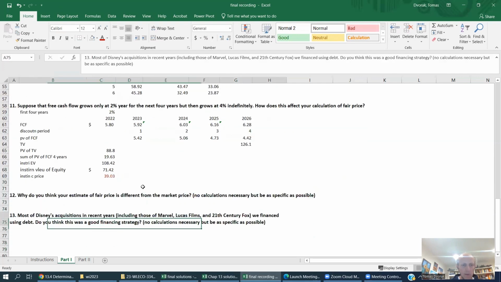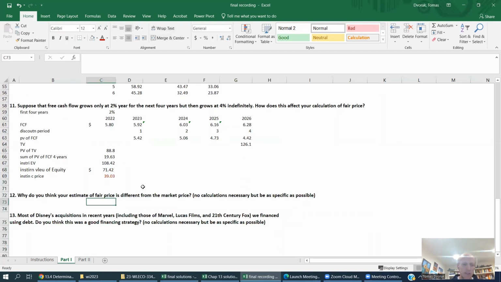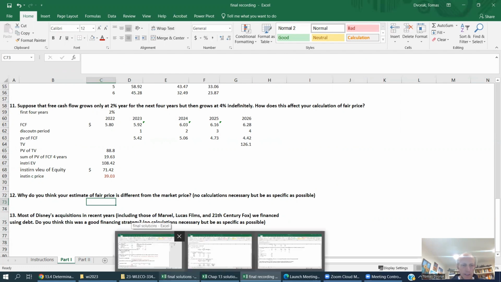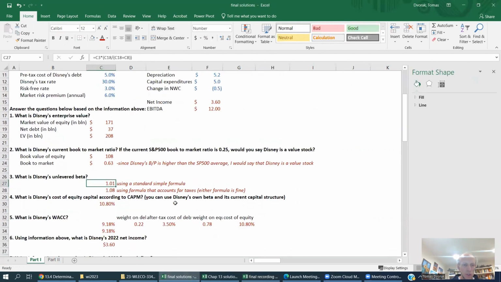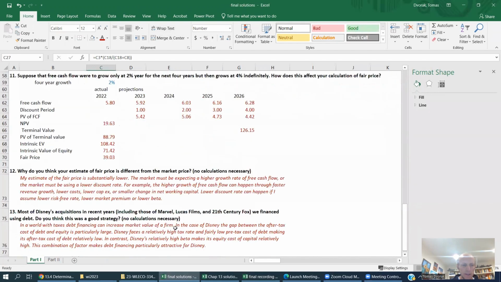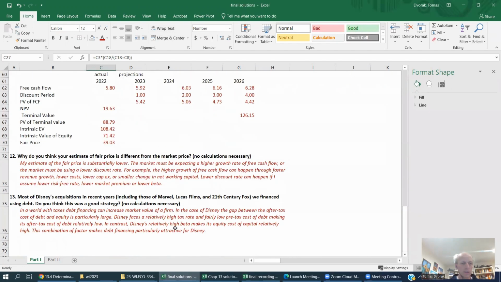Okay, now we have a couple of narrative questions. I encourage you to look at the typed up solutions, and essentially here the answers can vary, but we see how much goes into the calculation of the fair price. It's the growth rate, it's the discount rate that we use.